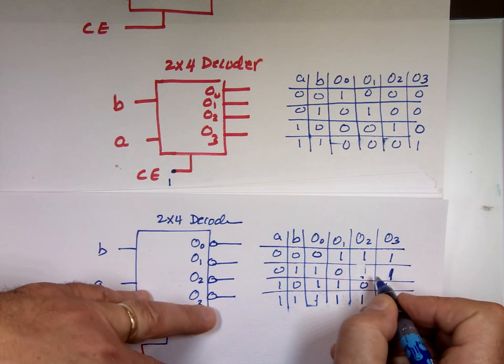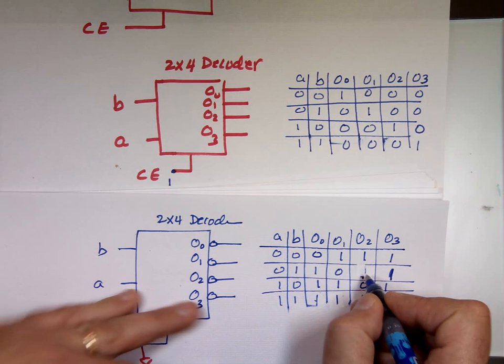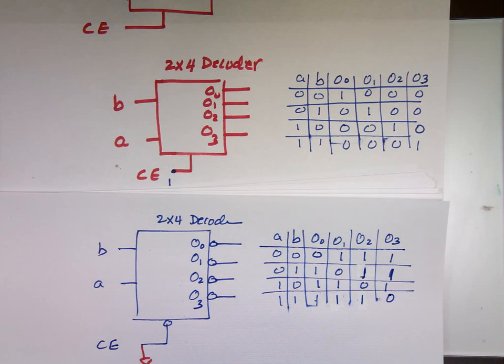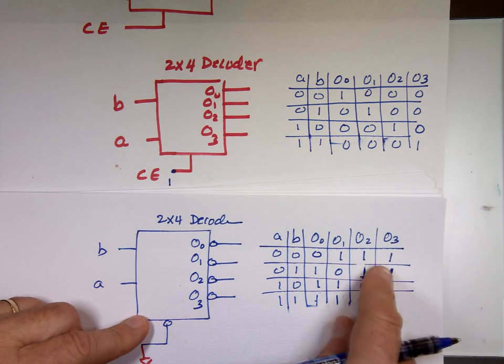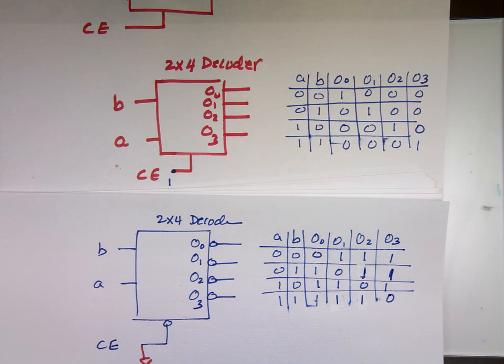What's that here? 1 0 1 1. Yep. So that's the difference between them. This one says all going to be low except one is high. When you see the bubble, that means all high except one of them is low. They're just designed that way.